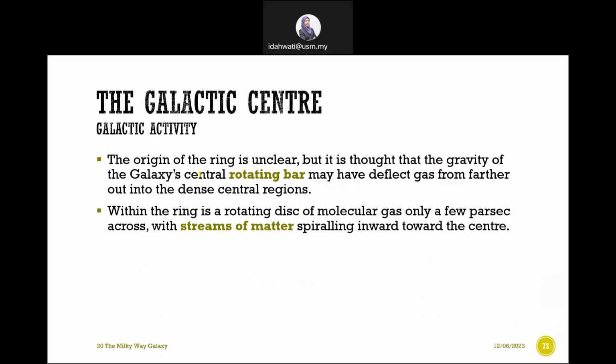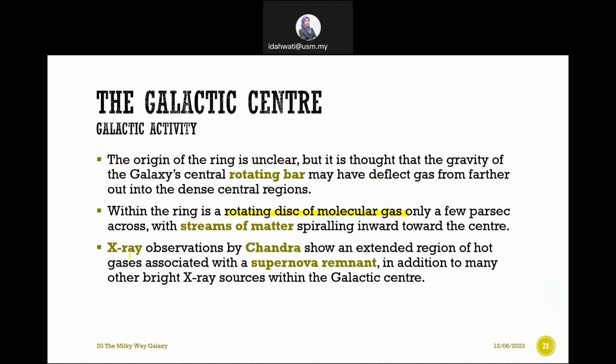We also have a rotating bar at the galaxy center. Within the ring is a rotating disk of molecular gas with streams of matter. X-ray observation by Chandra shows extended regions of hot gas associated with supernova remnants.